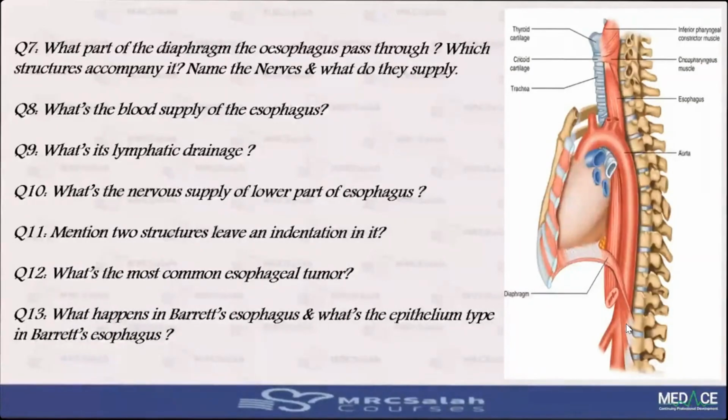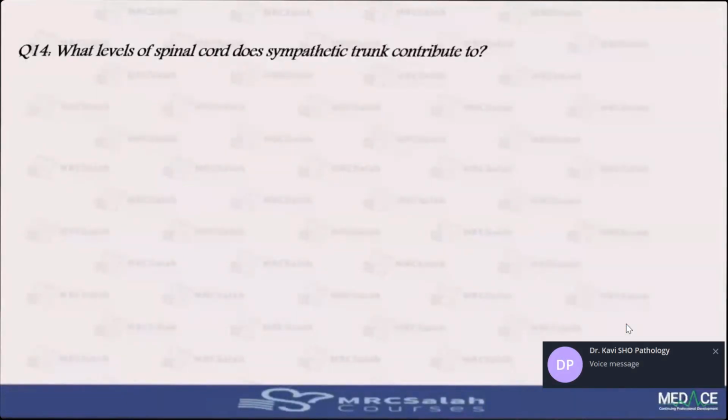In Barrett's esophagus, there is intestinal metaplasia, which means the squamous epithelium is replaced by the intestinal type of columnar epithelium. And what levels of spinal cord does the sympathetic trunk contribute to?